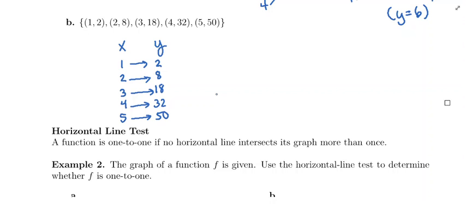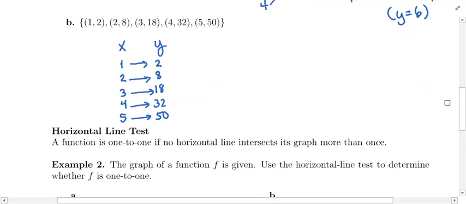Vice versa, 2 maps to 1 and nothing else. There's no sharing among the x's and the y's. Every x has a unique y, every y has a unique x. So this is a one-to-one function, because there is no sharing.